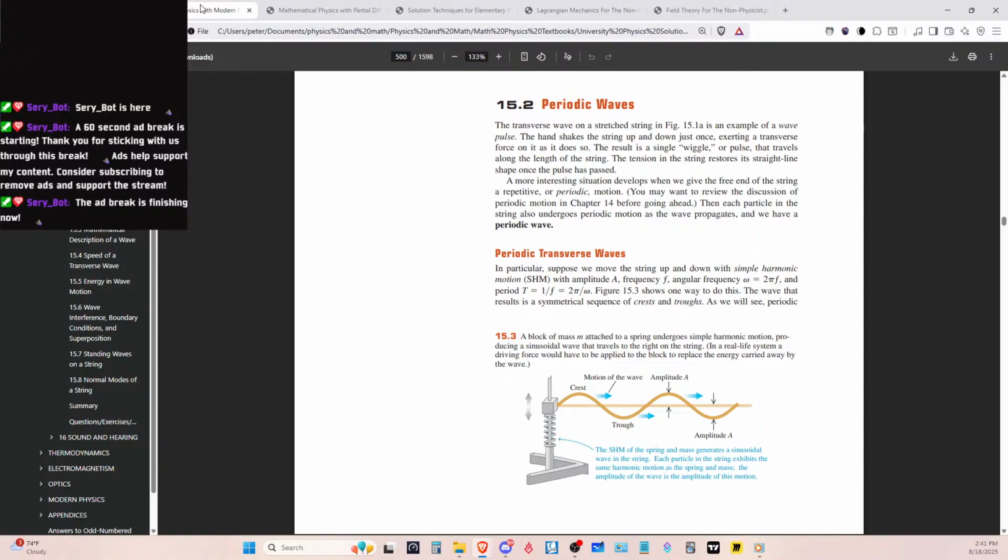The wave results in a symmetrical sequence of crests and troughs. So a crest is when it goes up, and a trough is when it goes down. Okay. Oh, they're basically using a block on a spring to show us what it means for it to go like that.